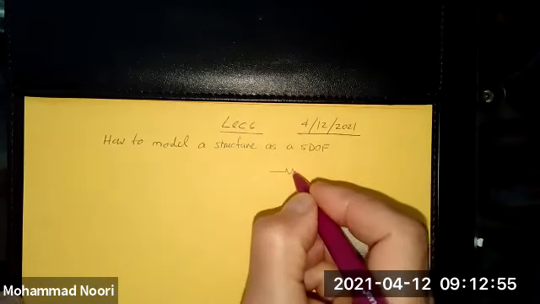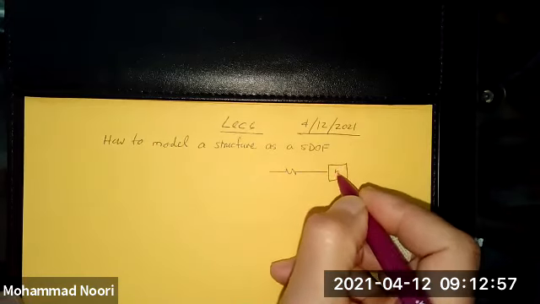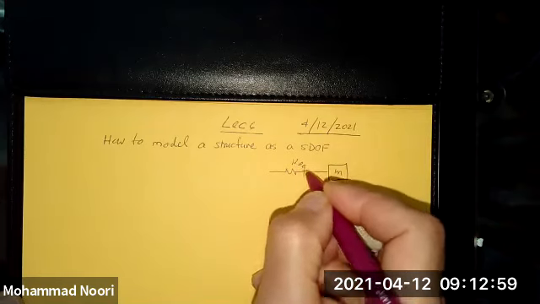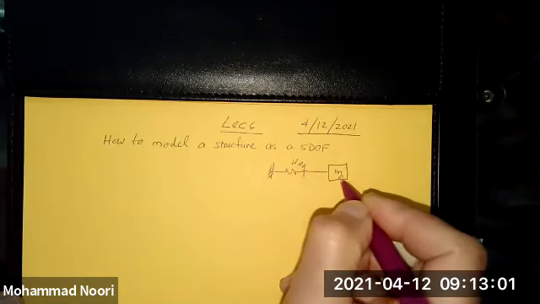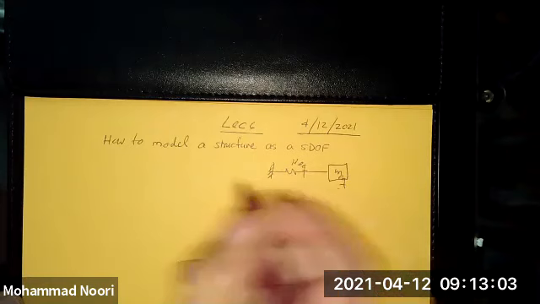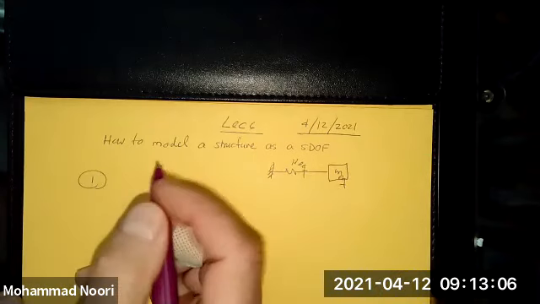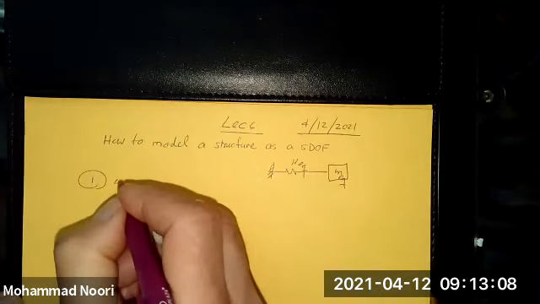In other words, how to set up this model, right? To find the equivalent stiffness and the equivalent mass. And the approaches that we have discussed were what so far?